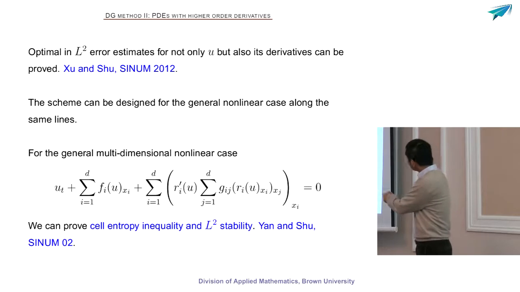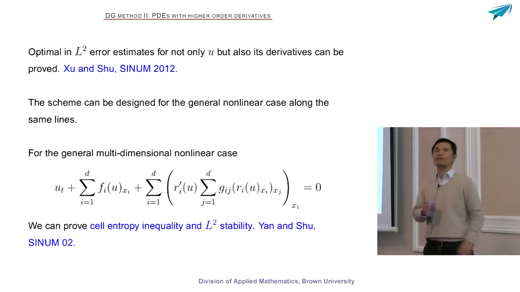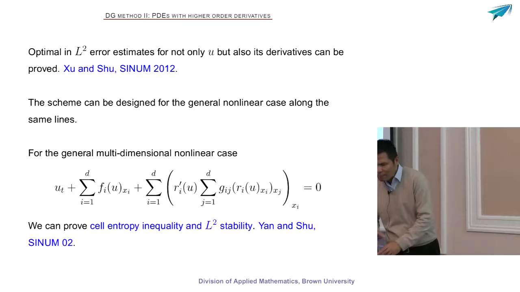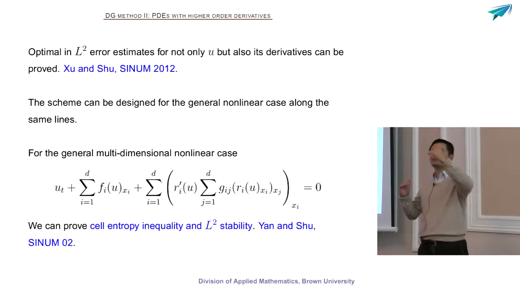But later we found out that for these kinds of wave equations, you need to use techniques totally different from diffusive equations. Essentially, for wave equations, you cannot use the numerical solution to control the derivative. It's not like a heat equation, where there's a diffusive effect.